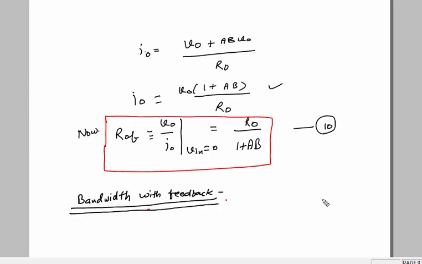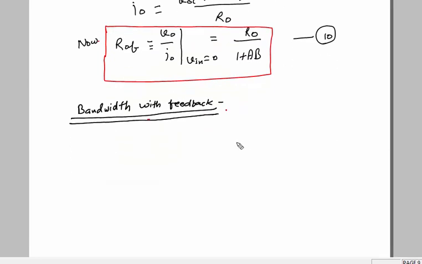Now let us see what happens to the bandwidth with the application of negative feedback. Bandwidth should increase; we have already seen that in the properties of negative feedback. Let us see how it happens.